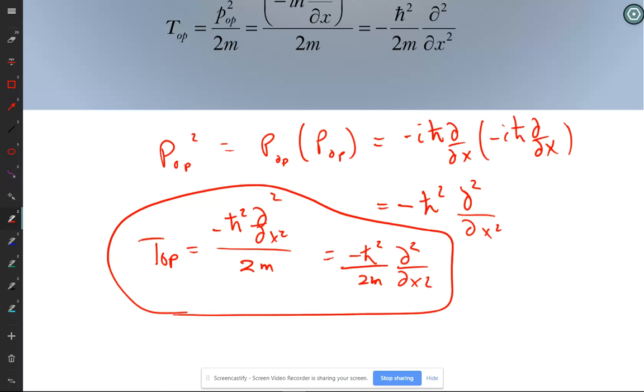So now, even though we're not going to use the momentum operator too much, we will use it, don't get me wrong. It's just not going to give us back our function. We will still try to find the expectation value of momentum and things like that. But we can get the kinetic energy operator, and this one is going to be fine.